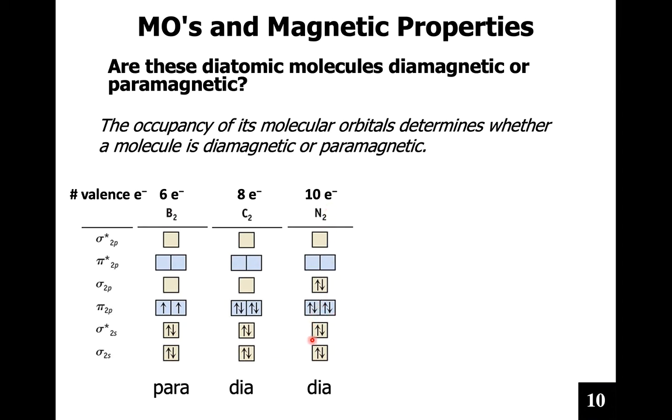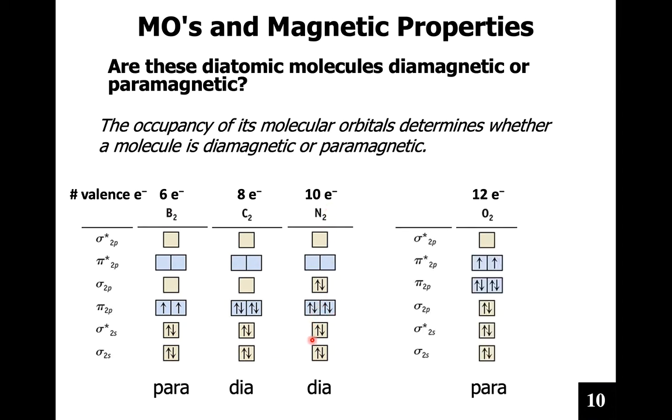N2, all the electrons are paired, so it's diamagnetic. O2 is an interesting case. It is paramagnetic because for these 2 electrons, the lowest energy arrangement is both up. That gives us net 2 more up electrons than down electrons, and so it's paramagnetic. And then F2, with all the levels filled, is diamagnetic.